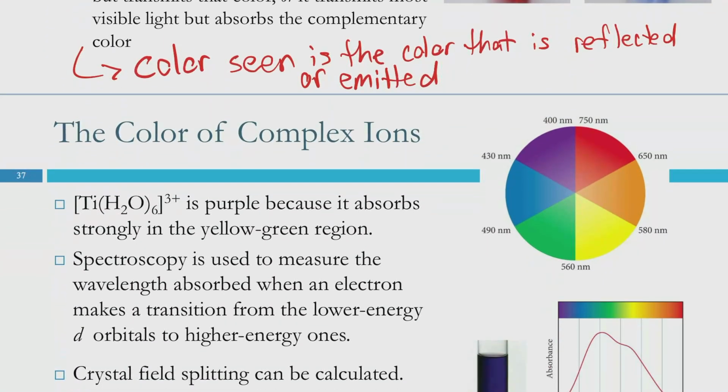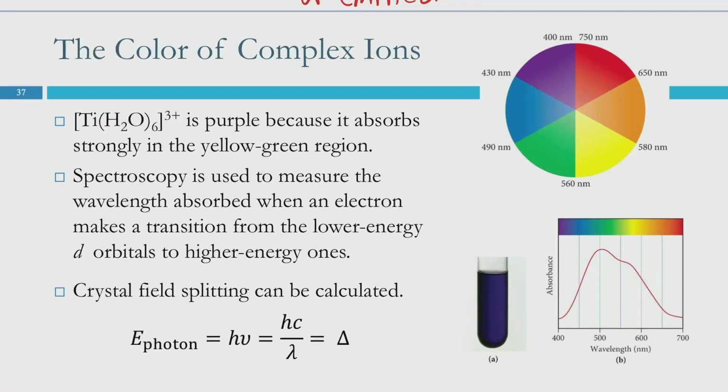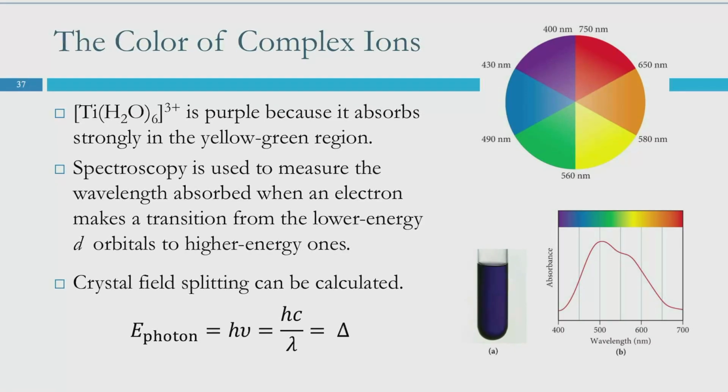And so there's a color wheel to show us our complementary colors. This is a very basic color wheel. You could get more granular with the wavelengths. So this titanium complex, hexaaqua titanium(III), is purple. So the color that we see would be in this purple region somewhere, meaning that it absorbs the opposite.